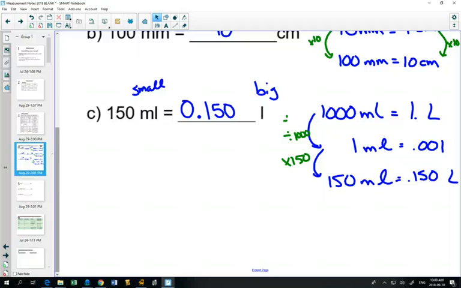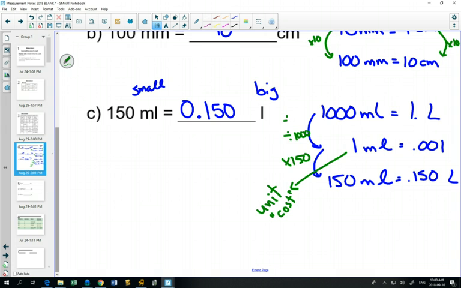Because what we ended up finding here, and I'm going to use the word cost. We could write unit value, but I'll use the word cost because it most often happens when you're dealing with money.